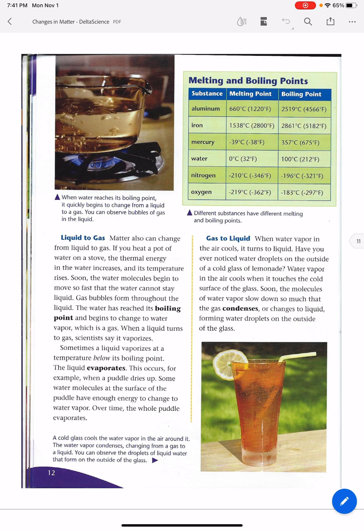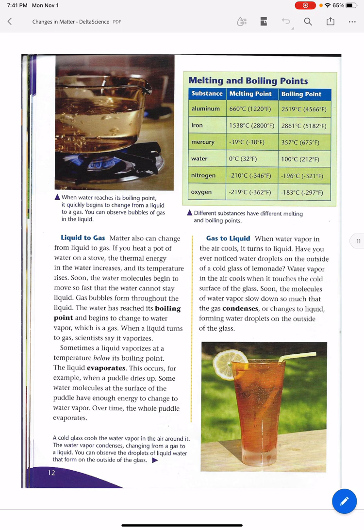Iron, melting point 1,538 degrees Celsius, 2,800 degrees Fahrenheit; boiling point 2,861 degrees Celsius, 5,182 degrees Fahrenheit. Mercury, melting point negative 39 degrees Celsius, negative 38 degrees Fahrenheit; boiling point 357 degrees Celsius, 675 degrees Fahrenheit.